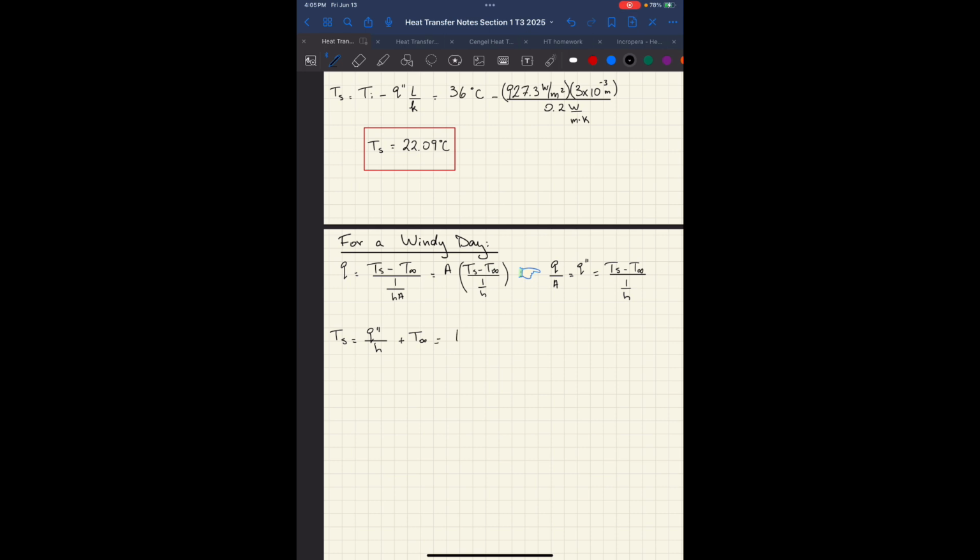So if we plug in our values, the windy Q double prime is 1678.48 watts per meter squared. H for windy is 65 watts per meter squared Kelvin. And I can put that in red just like I did before so that you see that this has to change.